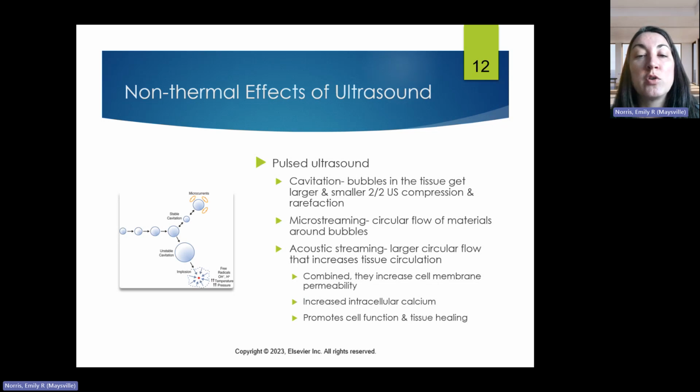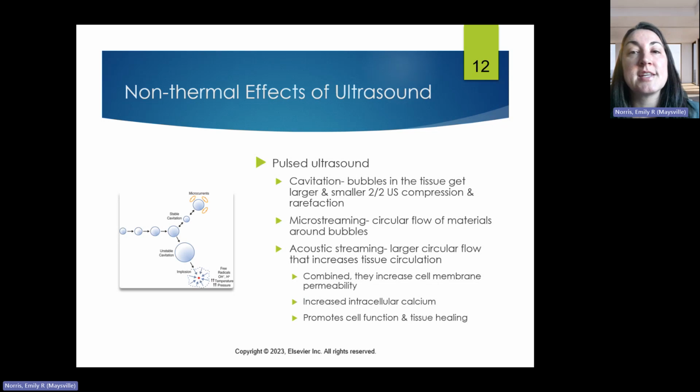And that is what is called stable cavitation. So when the ultrasound is in a therapeutic range, which should be any of the settings you can choose on an ultrasound machine that we're using in the clinic, then those bubbles expand and contract and create a therapeutic effect of increasing the cell membrane permeability.